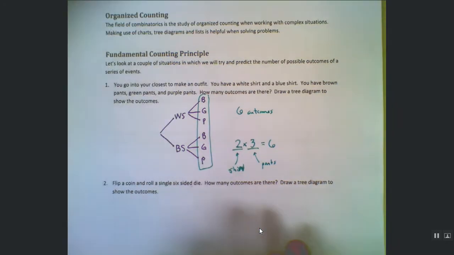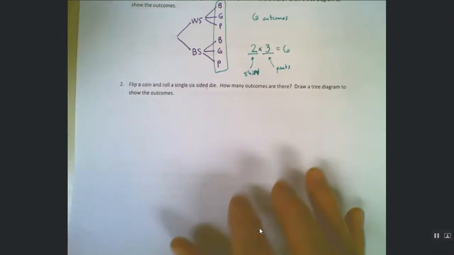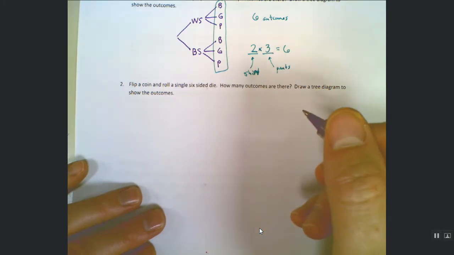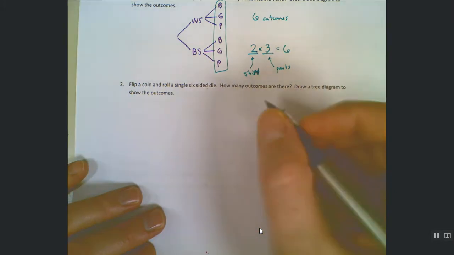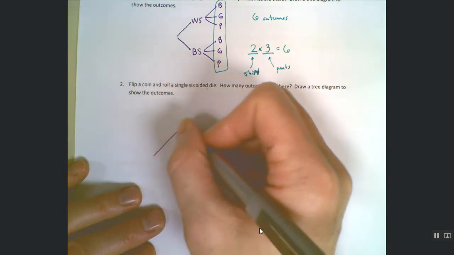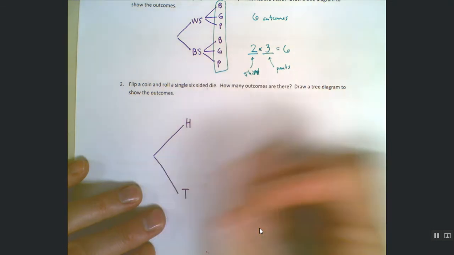Alright, seems pretty straightforward. Let's look at another option here. Let's say you want to flip a coin and then roll a single 6-sided die. So we take a coin, and the first time you flip it, you could get heads or you could get tails.